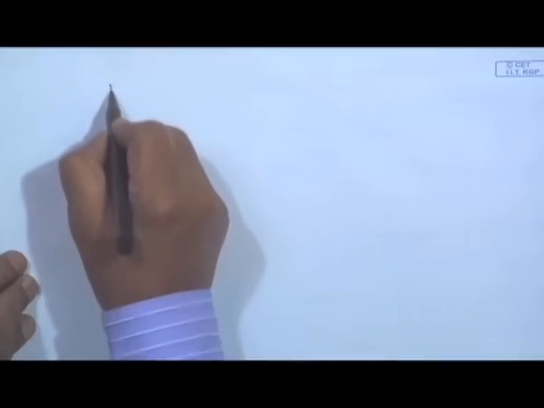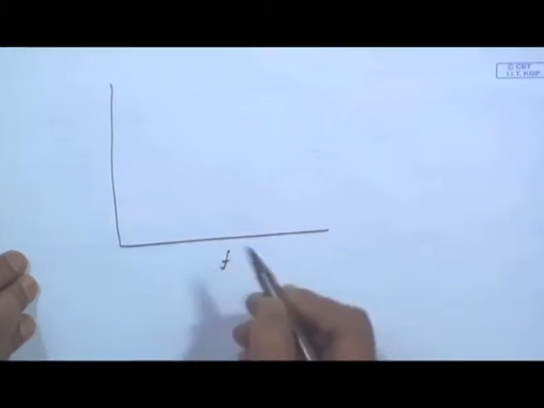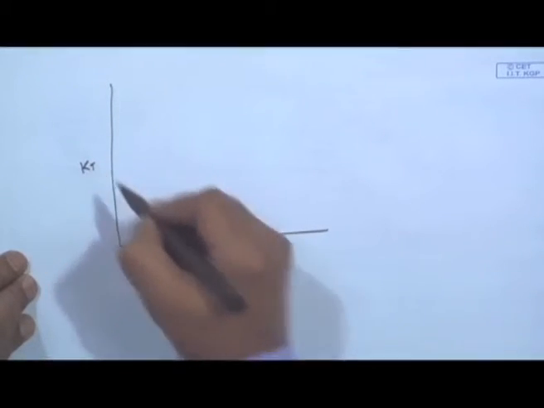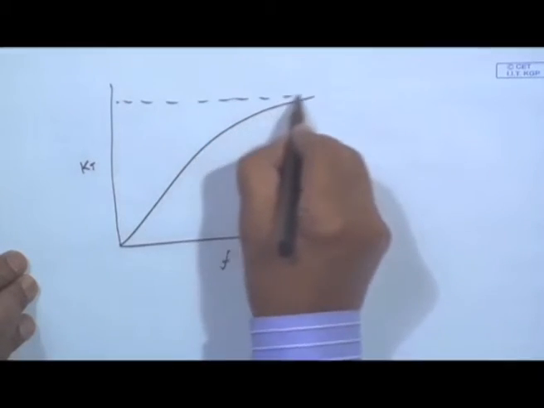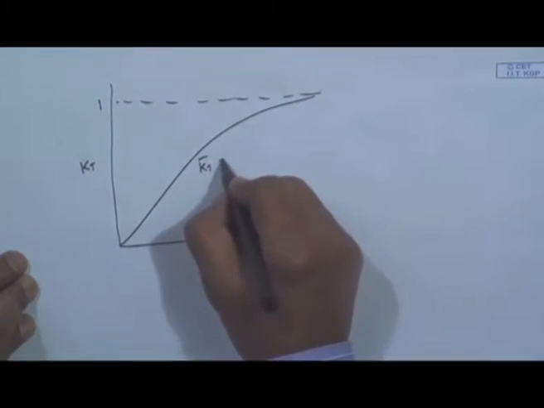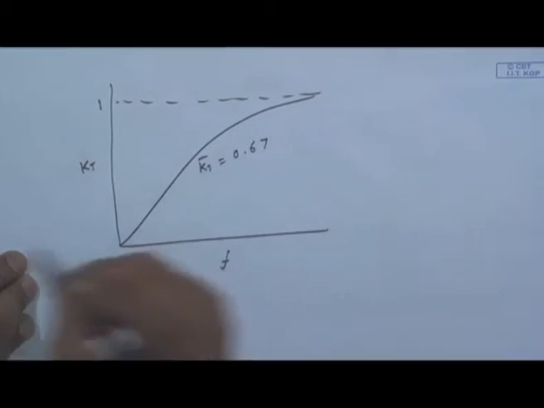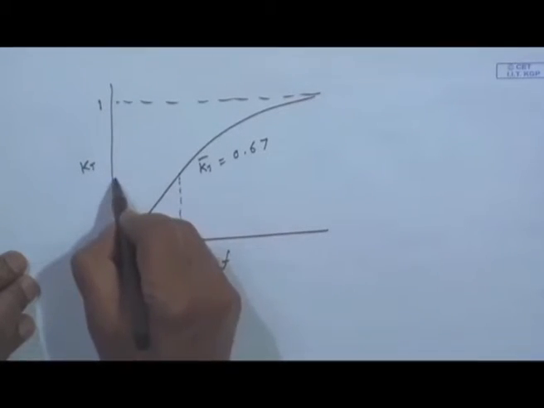So, that equivalent mean day I have not yet defined. What it means is, if this is the Liu and Jordan curve and this is the cumulative frequency versus kT, and this may be approximately 1, this may be kT bar equal to 0.67, this is some kT minimum.